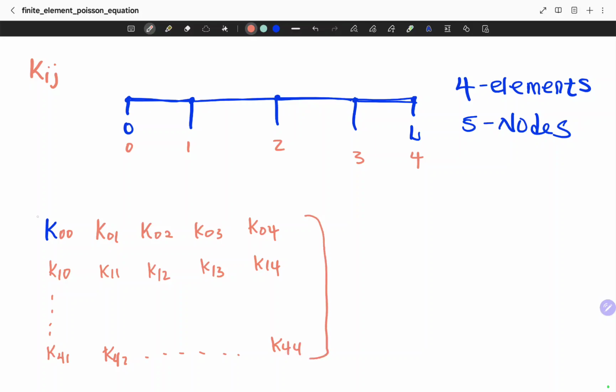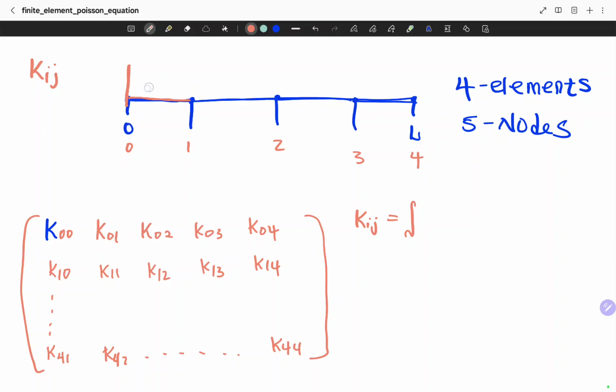This is the matrix you want to build. How do you build this matrix? First, you need to know that Kij is an integral, and it depends on how you're going. You can do the local and then you get the global. So the local is Kij. So 0,0 is this point, and 0,1 is here, from here to here. So like this.